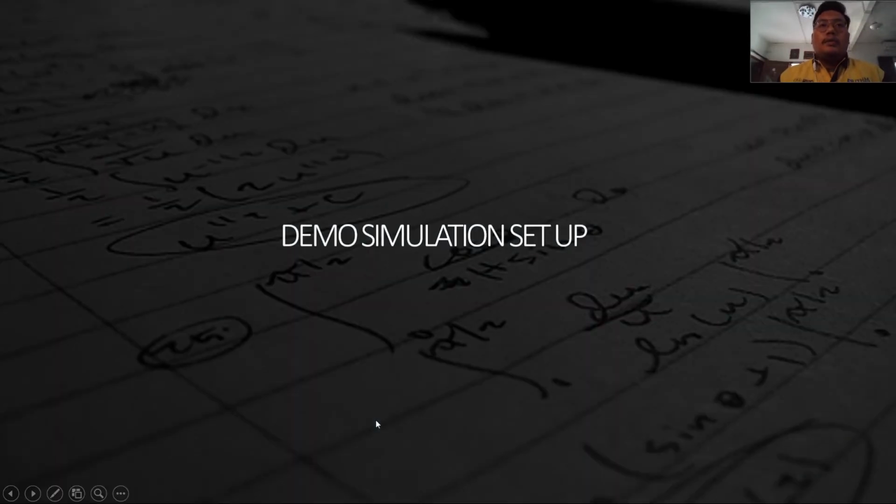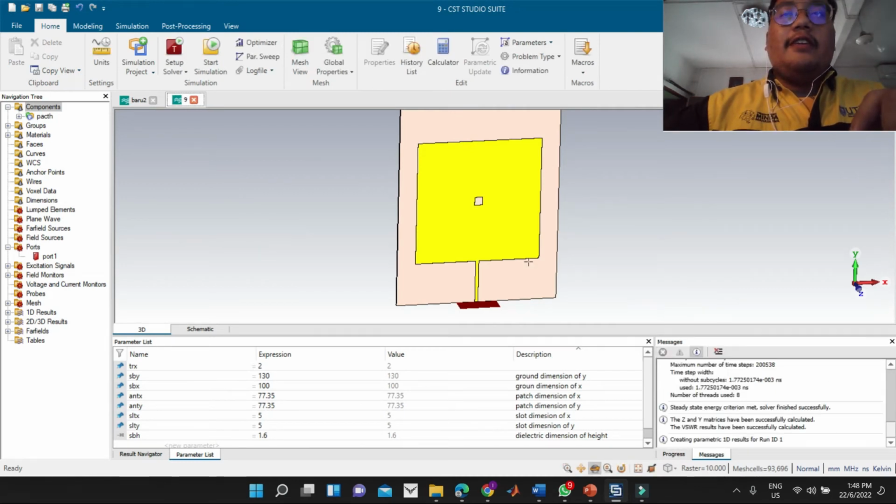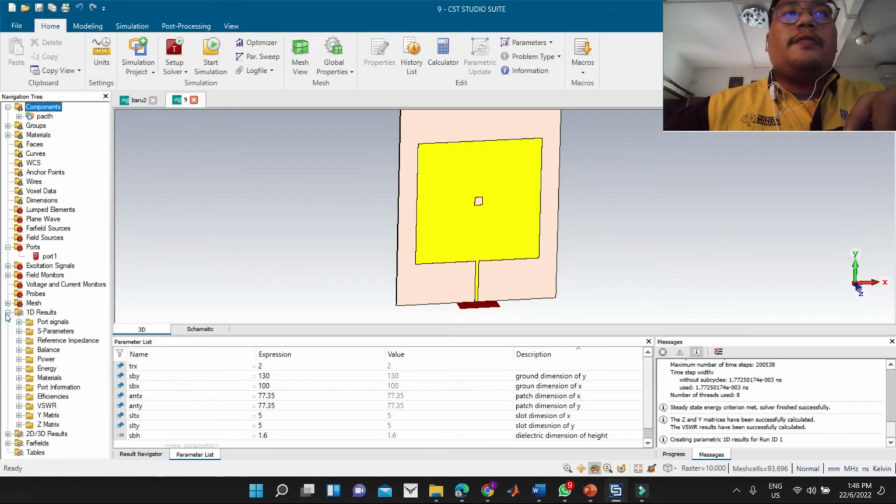Now I will show the demo simulation to set it up. First, we need to design the antenna. After we design our antenna, we start the simulation, and then after the simulation, we check the characteristics of this antenna. Does it perform well or not? So first we need to check the S parameter S11.